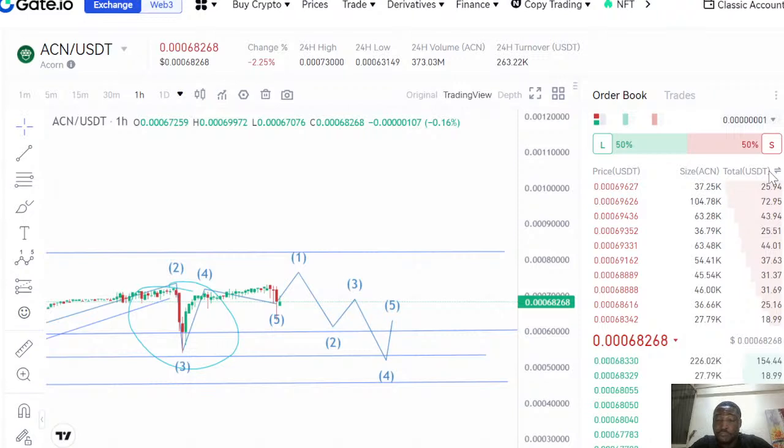The protocol is readily available online and can also be accessed through a mobile wallet known as AcornBox and others.